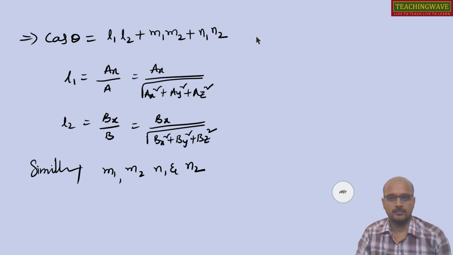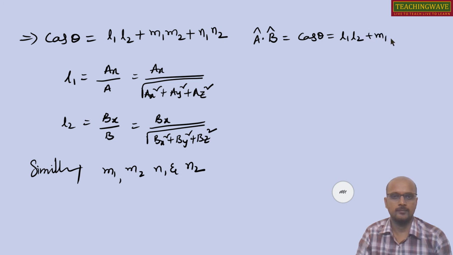That means a cap dot b cap is equivalent to cos theta, that is equivalent to l1 l2 plus m1 m2 plus n1 n2.